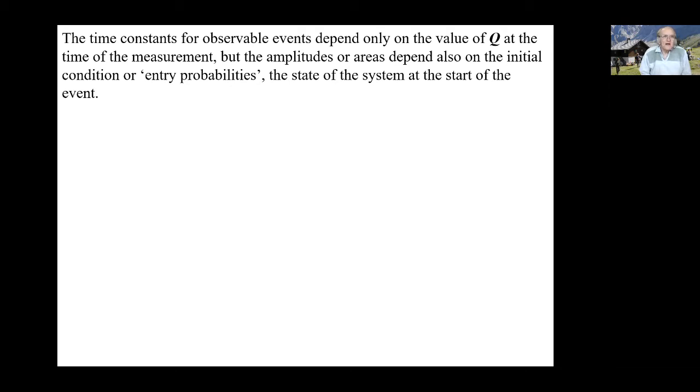So we've seen that the time constants for observable events depend only on the value of Q at the time of measurement. But the amplitudes or areas, if they're distributions, depend also on the initial condition or the entry probabilities, the state of the system at the start of the event.